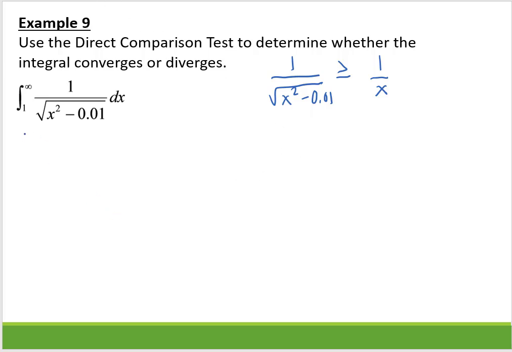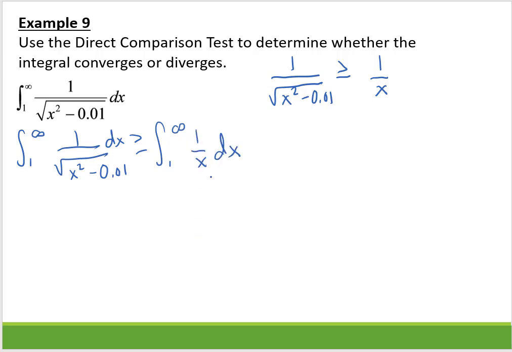So now I know that this integral, grab my dx, is bigger than this integral. Now we need to talk about the one that we're comparing it to.